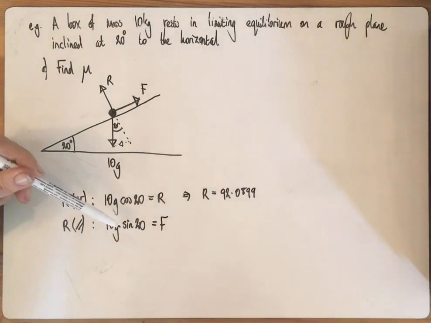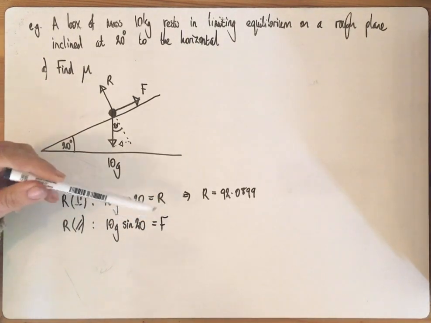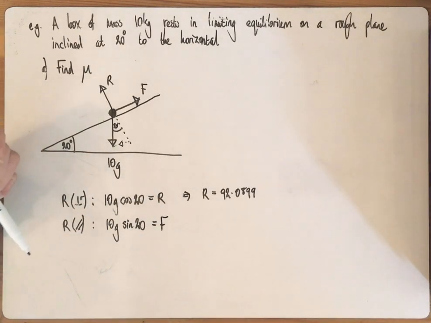Or you could do that as 10g sin 20 minus F equals 0. If there's no resultant force, it's stationary. If there's a resultant force, there'll be some acceleration, and then you would use F equals ma.